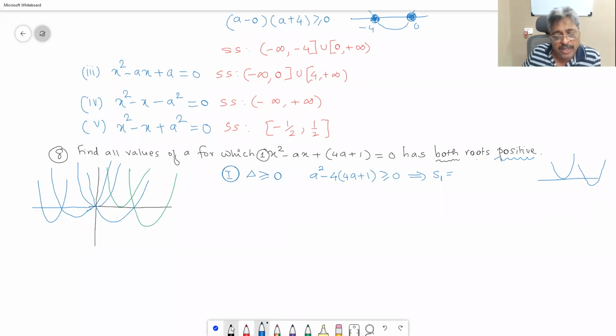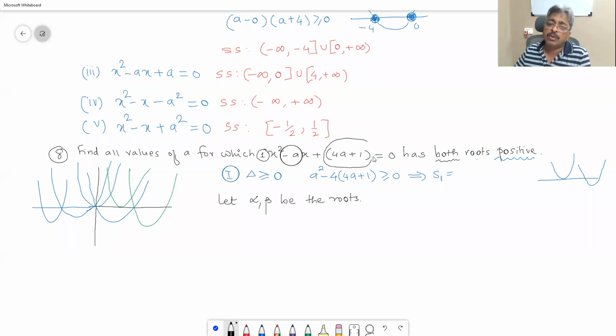So, if we consider, let alpha comma beta be the roots, then these coefficients talk to us. They tell us some story about the roots that this quadratic equation possesses. We have learned that.